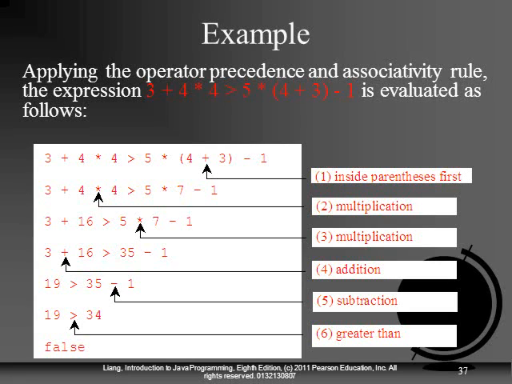Notice that becomes 7 in step 2. And then we're going to do the multiplication from left to right. So we're going to do 4 times 4, followed by 5 times 7. And then we're going to do the addition and subtraction left to right. And we're finally left with the Boolean expression 19 greater than 34. So this would all equate to false. Interesting.